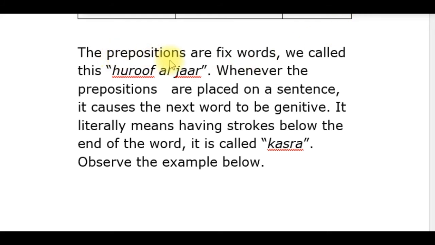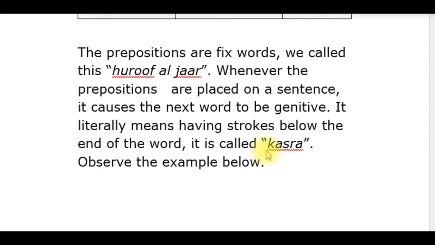The prepositions are fixed words. We call this huruf al-jar. Whenever a preposition is placed in a sentence, it causes the next word to be genitive. It literally means having strokes below the end of the word. It is called kasra.